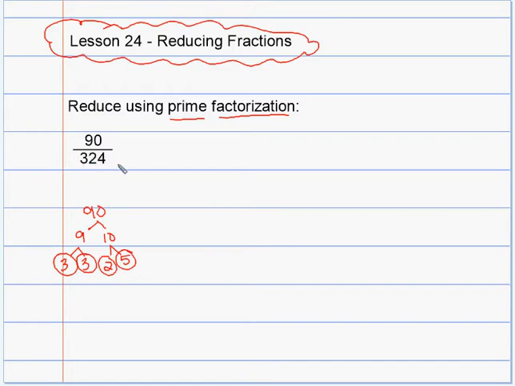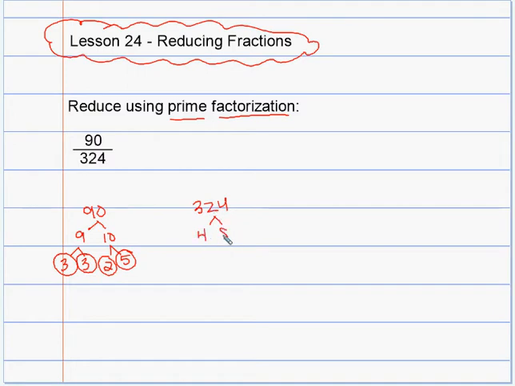Now I'm going to do the prime factorization of 324. Okay, now, this one's a little tricky. Let's see, I know my divisibility rules. I know that if the last two digits are divisible by 4, then the entire number is divisible by 4. So I'm going to use 4.